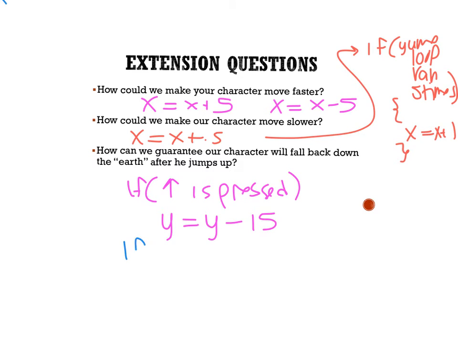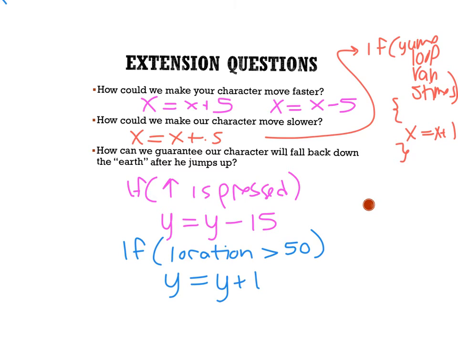And then after that, say my location started at 50. If my location is greater than 50, then every time the code runs, it's going to add 1 each time to bring him back down to earth. So there's, again, a lot of different ways you can do this to mimic him jumping up and then slowly falling back down. So it's about being able to think outside the box: I'm using translations, but how do I apply them a little bit further?